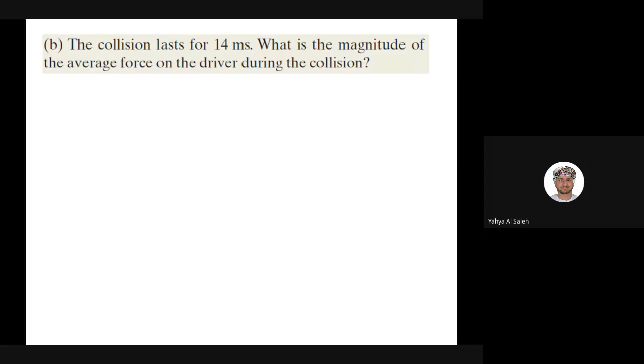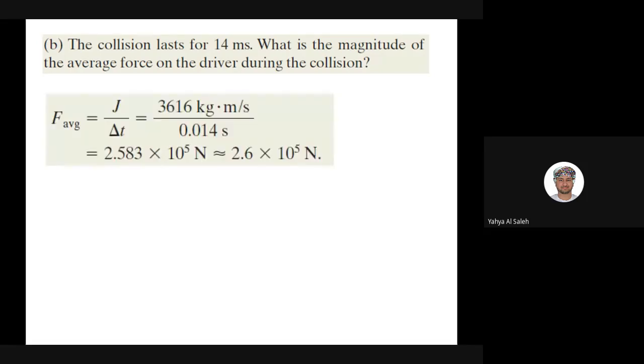What would the magnitude of my average force be during this collision if my J is 3,600? We say J equals F delta t, so my force is J divided by delta t.